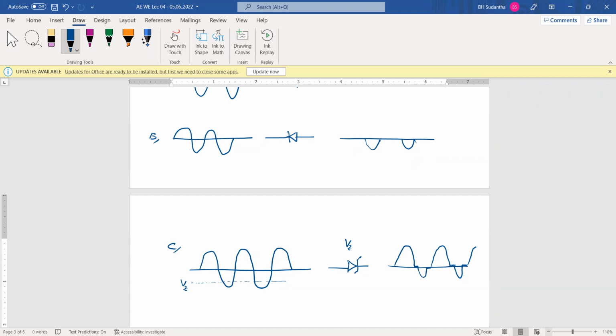Whatever the voltage here, we can see this gap will be here. Until it comes to the zener voltage, we don't see anything at the output. But after reaching the zener voltage and going beyond it, only that part will be received at the output.